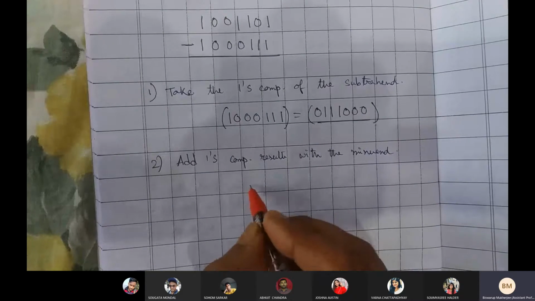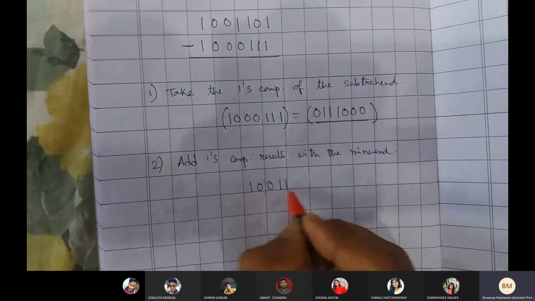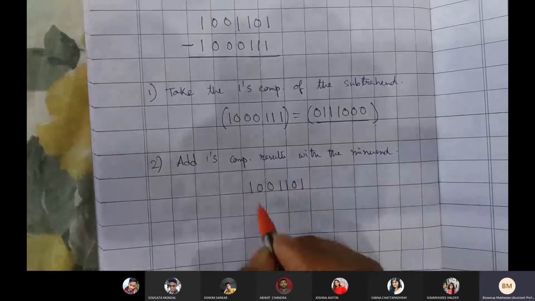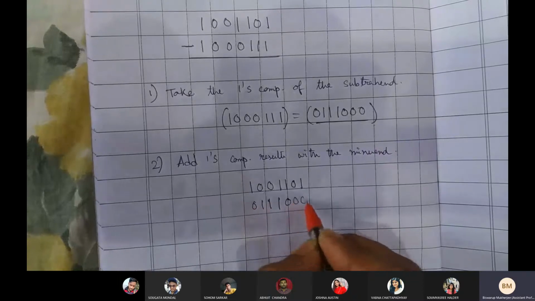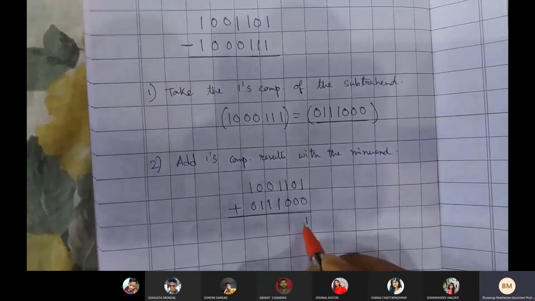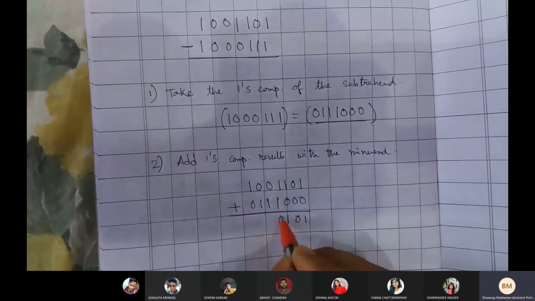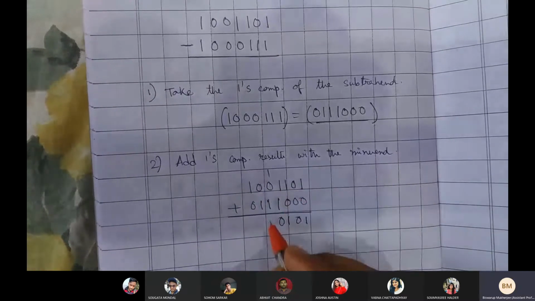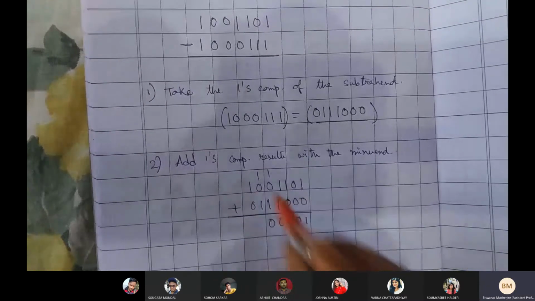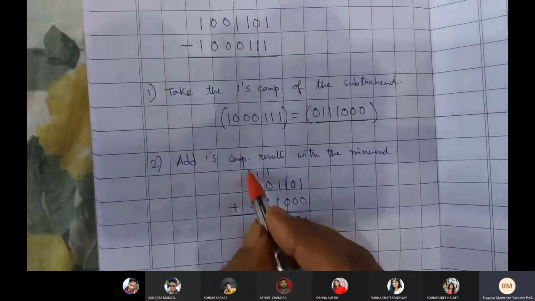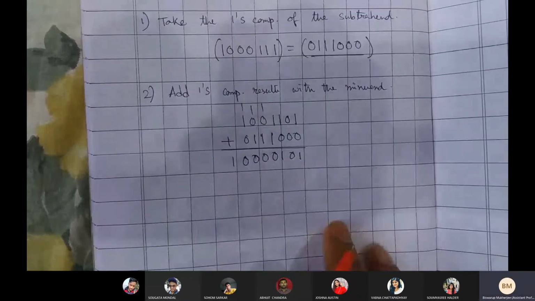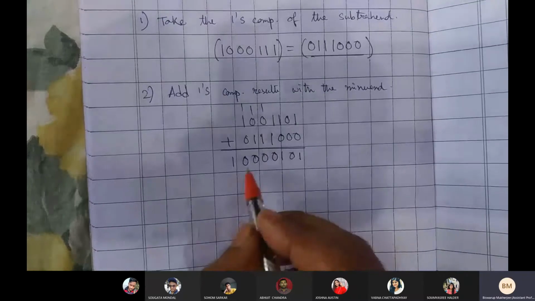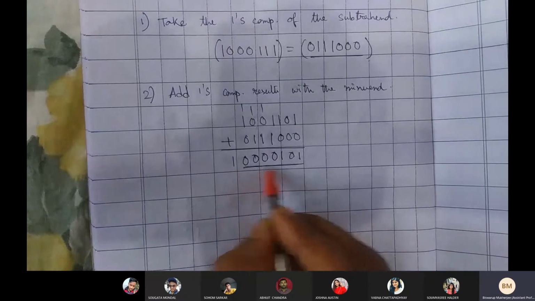Minuend is 1001101 plus this one, so 0111000. Add. That is something what is coming. Fine. So this is the result.